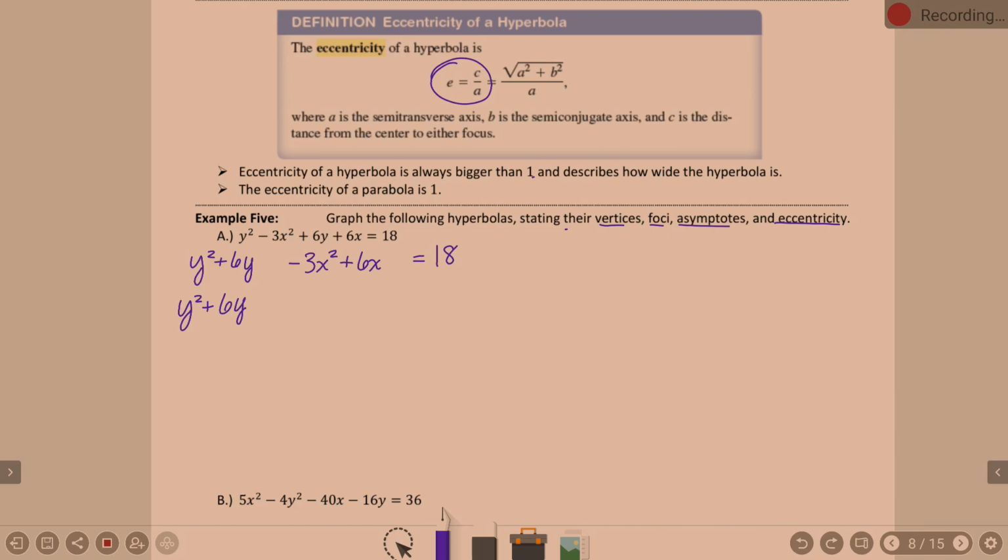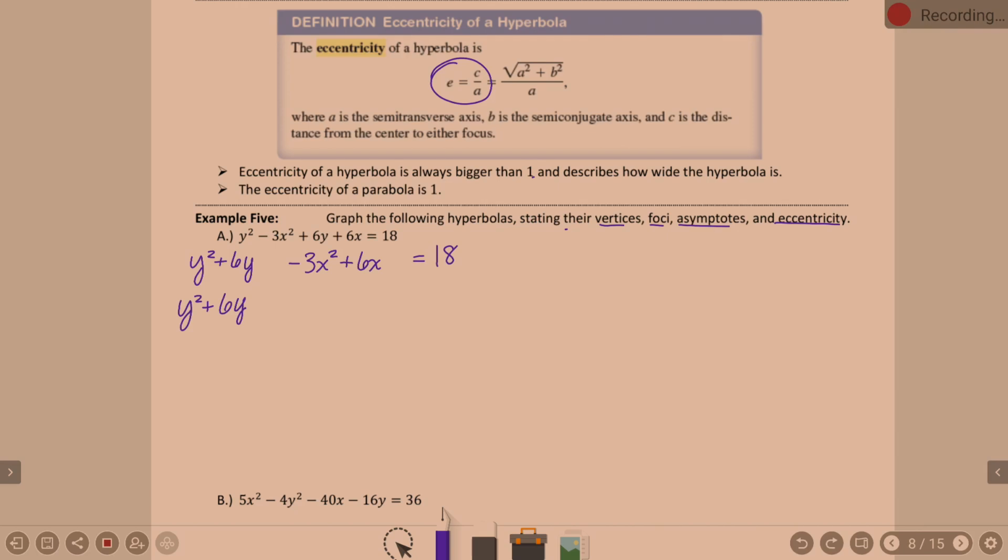Are my x's ready? What has to be true to complete the square? It has to be a 1x squared or 1y squared, right? We have 1y squared. Do I have 1x squared? No. What do we need to factor off of that x squared? The negative 3.